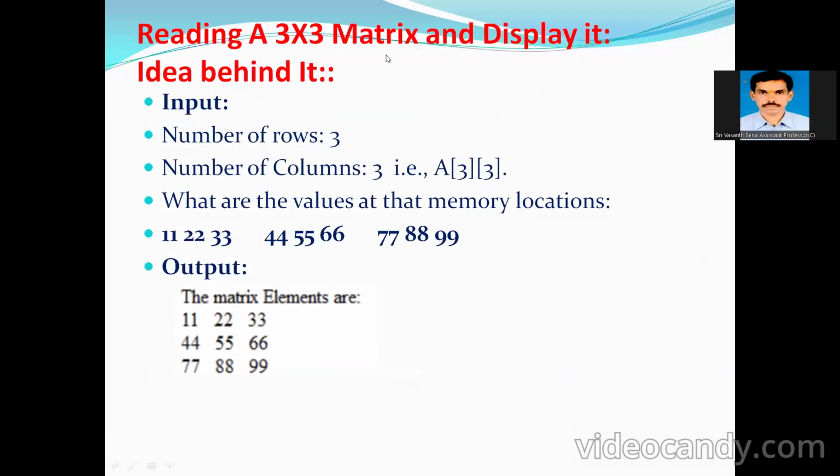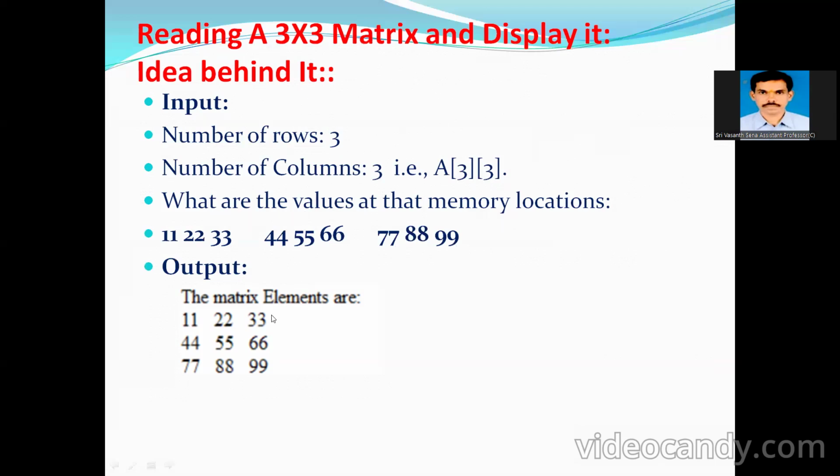So, reading a 3 by 3 matrix and displaying it. The idea behind it: the number of rows here is 3, the number of columns is 3. So array of 3 by 3, 3 rows and 3 columns. This is my matrix A of order 3 by 3. So what are the values at those memory locations? 11, 22, 33, 44, 55, 66, 77, 88, 99.